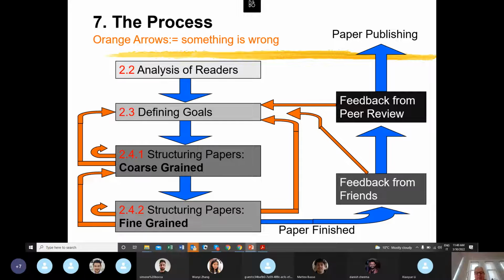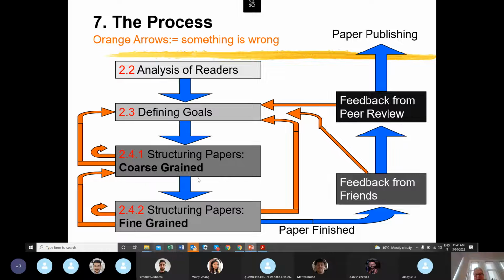So the fine-grained structure is where most people suffer, and where we spend most of the time. And as you see, you can really go back from fine-grained to coarse-grained to defining goals. Defining goals can even mean changing the title, because as I told you already, the title is a key message.